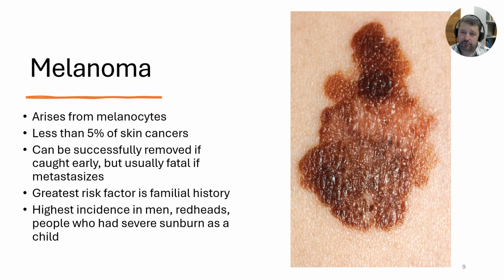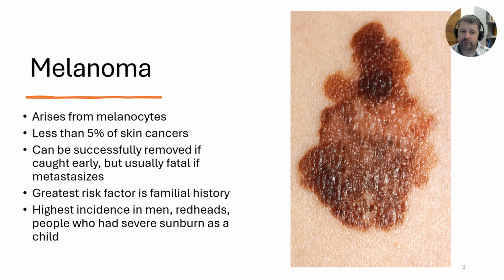Melanoma looks very different and is much more serious when it comes to your ability to survive it. It arises from melanocytes, so the same cells that are producing melanin can become uncontrolled and produce a melanoma.